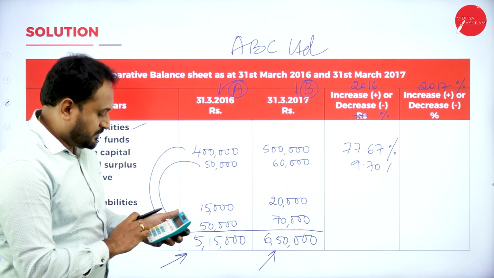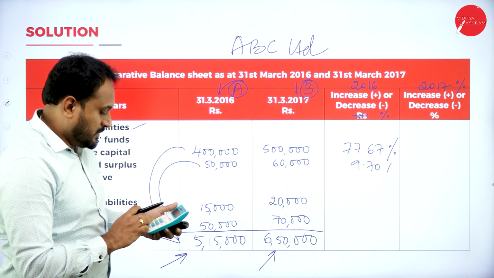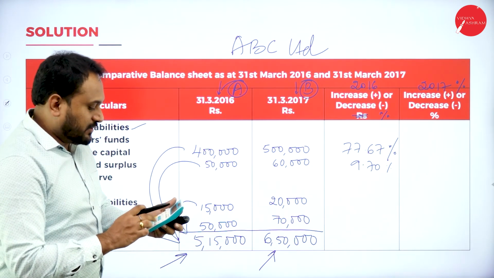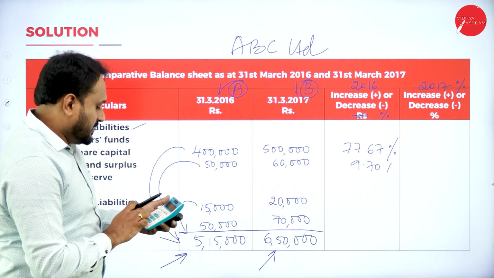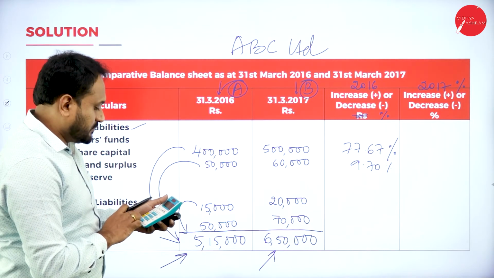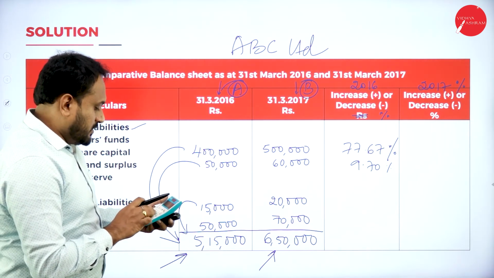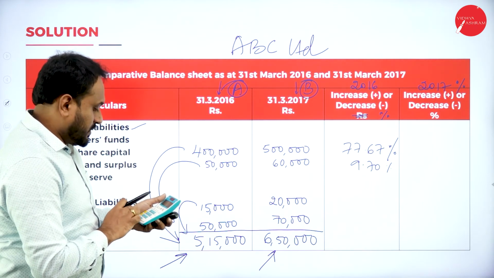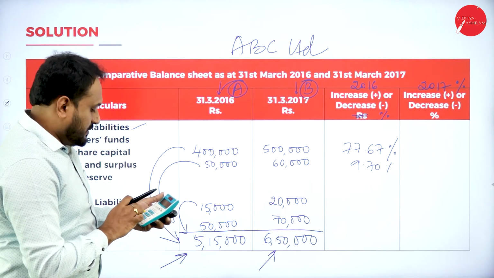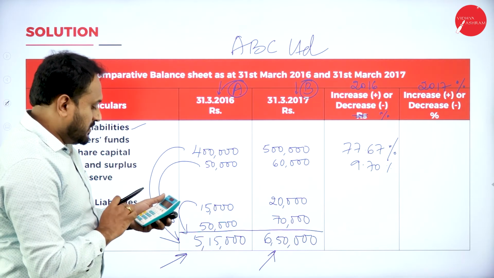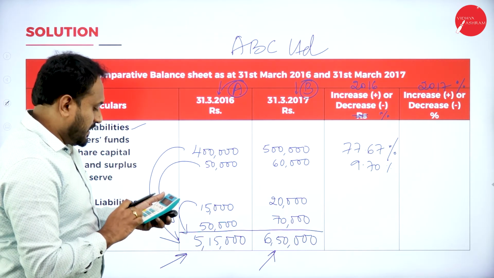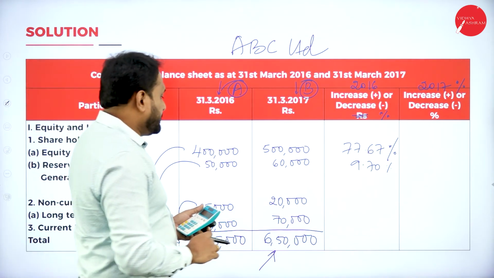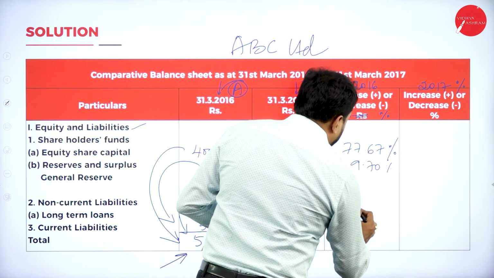Next, 15,000 divided by 5,15,000. I'll repeat, 15,000 divided by 5,15,000 into 100. So 2.91%.